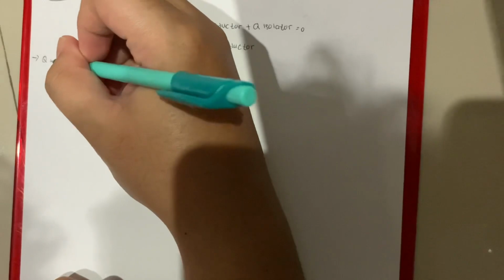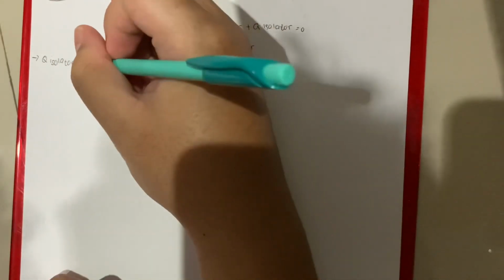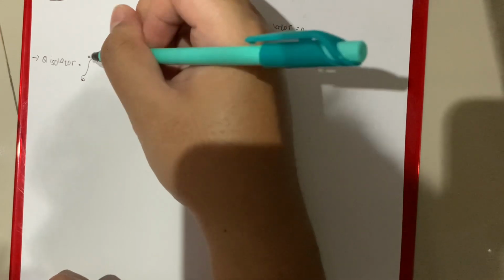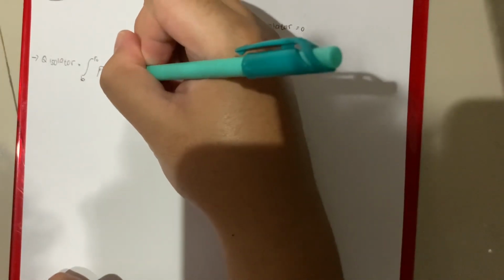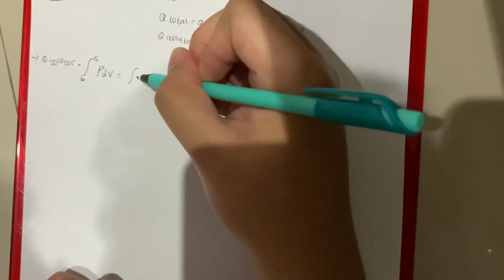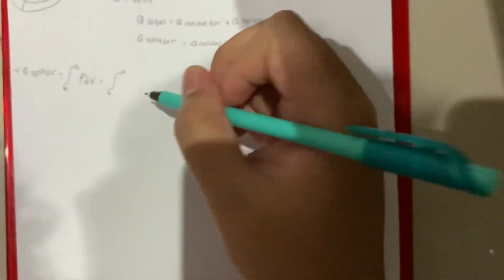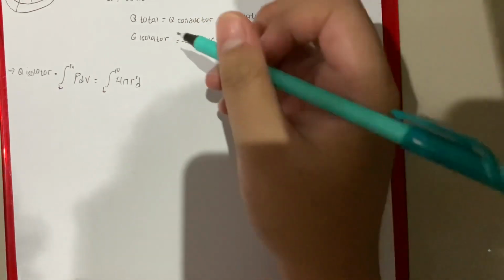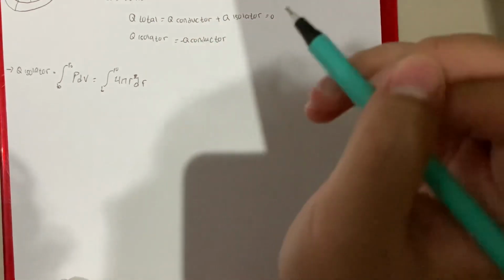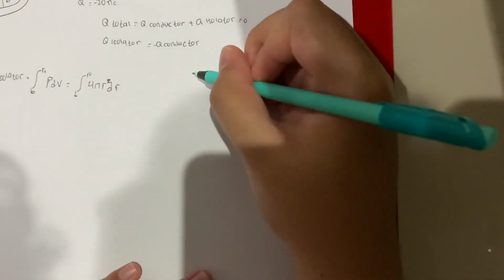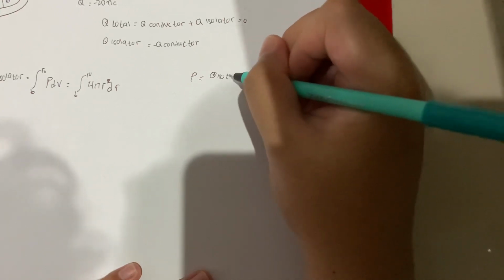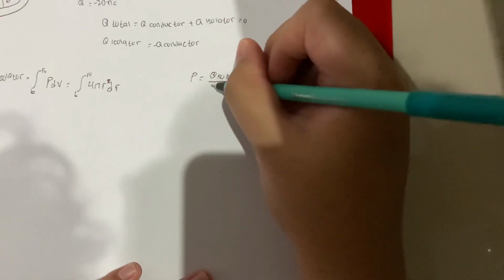So we know that the Q isolator itself is equal to the integral of rho times dV, or we can write it as the integral of 4 pi r squared times dr. The rho itself comes from the total Q isolator divided by the total volume of the isolator.